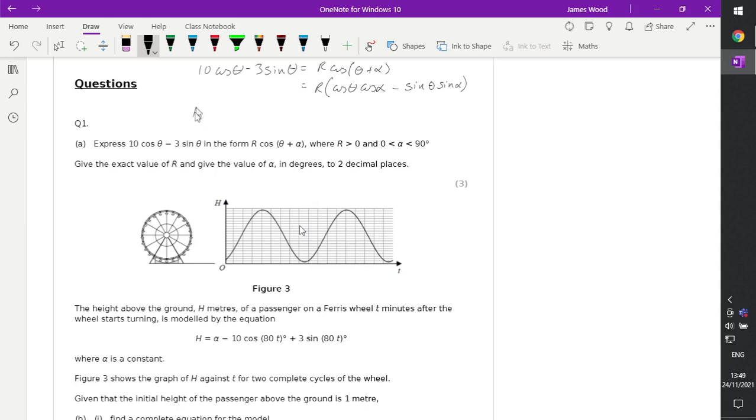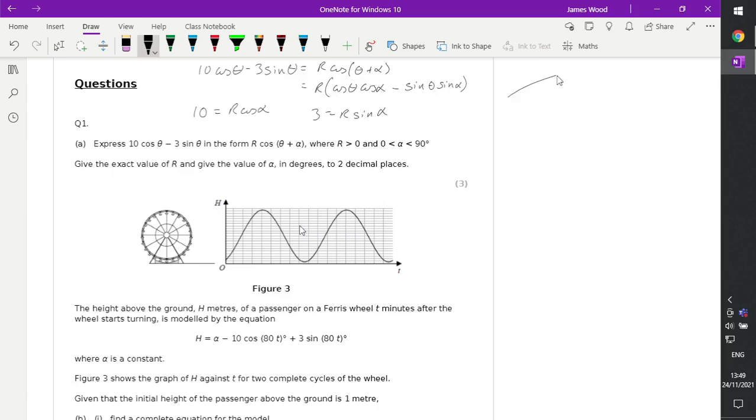Compare coefficients. So 10, which is what I'm timesing by cos theta, is going to be r cos alpha. And minus 3 would then be, actually I can do it as just 3 rather than that, because 3 is what I'm timesing by negative sine theta. Negative sine theta is times by r sine alpha.